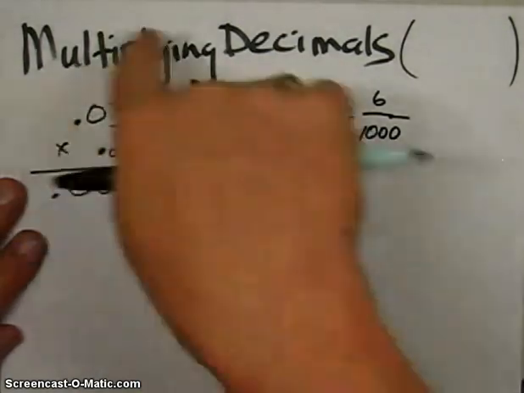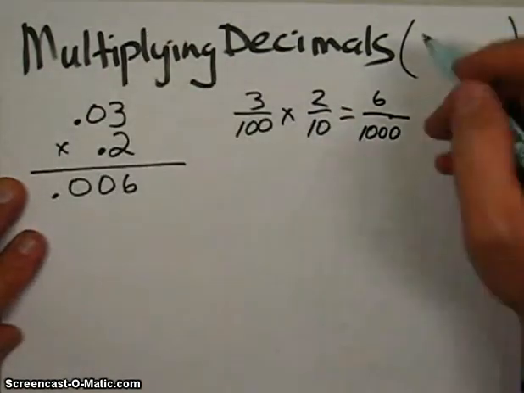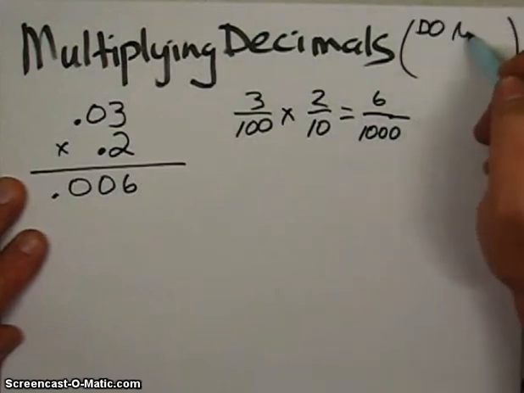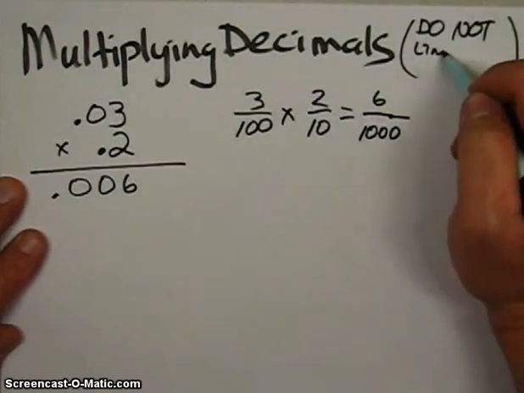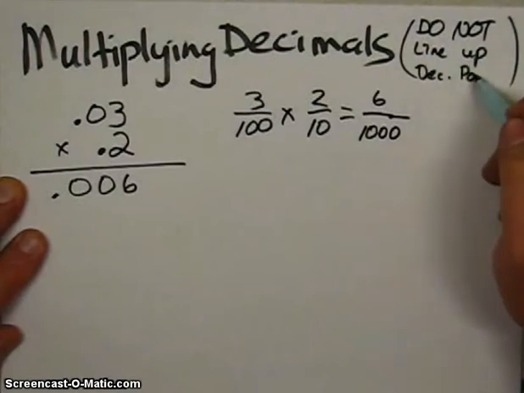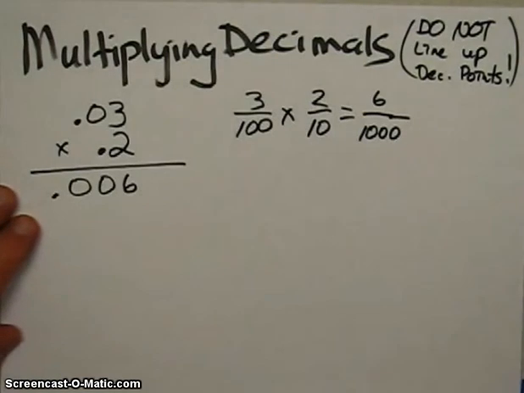Now notice how crooked those decimal points are from each other. When you multiply decimals, this goes into parentheses now, you do not line up the decimal points. That's very important. You do not line up the decimal points.